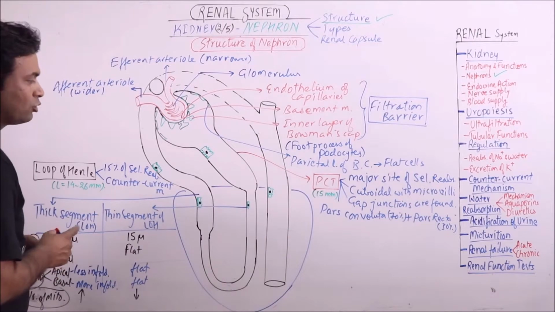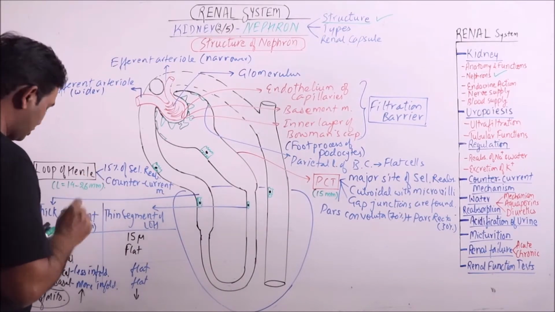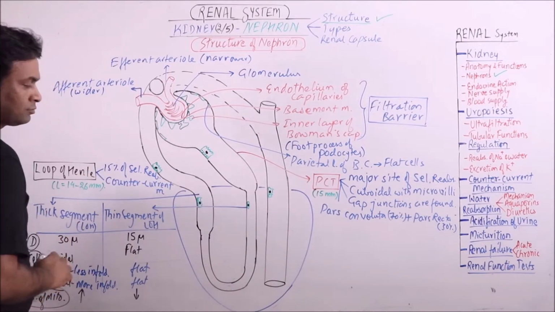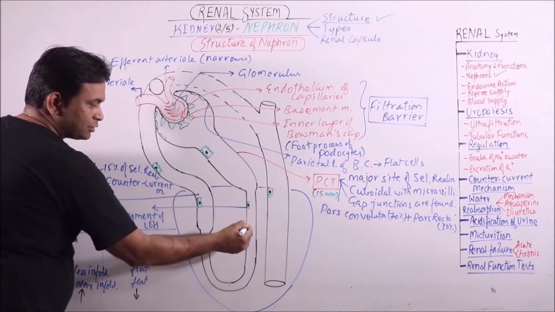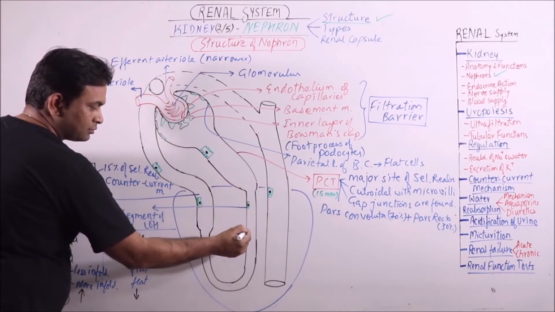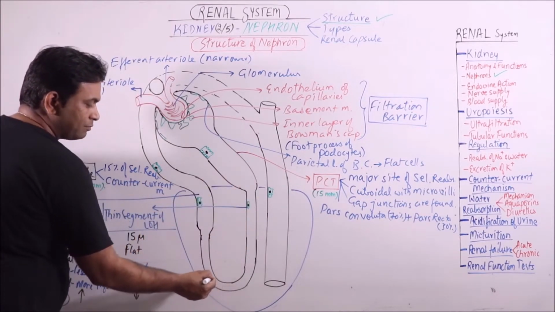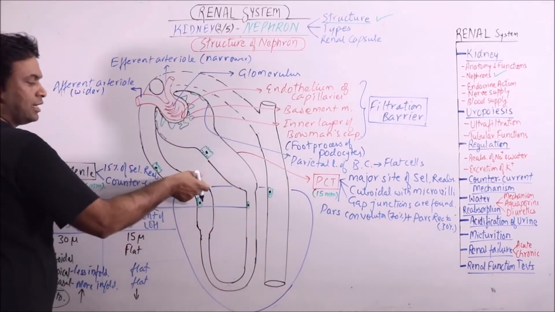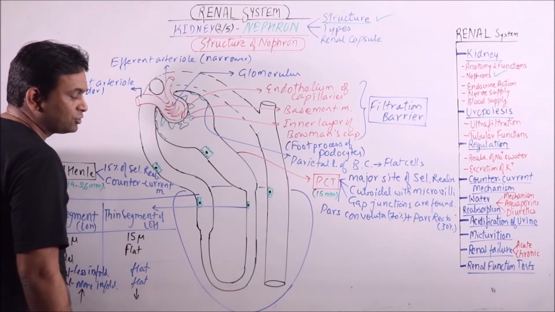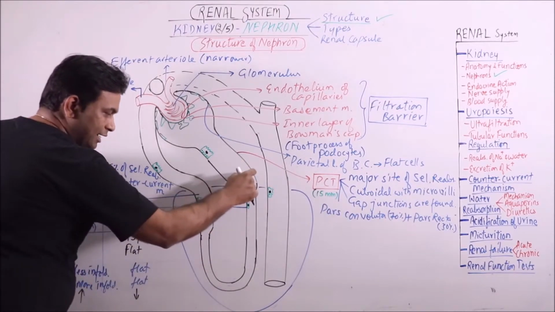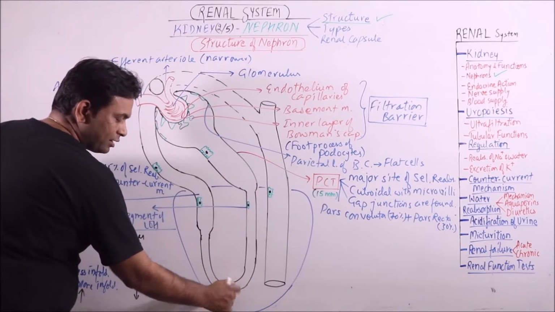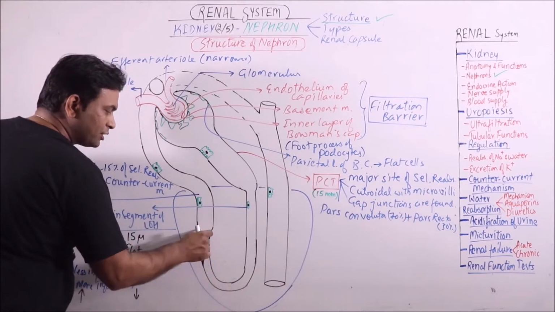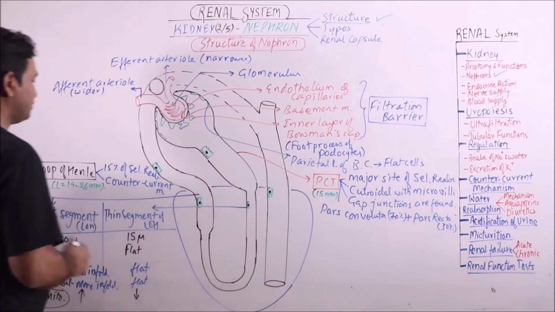It is important to note that in cortical nephrons, the descending limb is made up of thin segment and the ascending limb is made up of thick segment. Descending of thin, ascending of thick. While in case of juxtamedullary nephrons, descending is made up of thin segment while ascending is made up of thin plus thick segment.